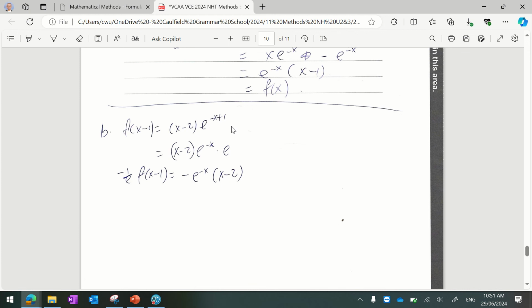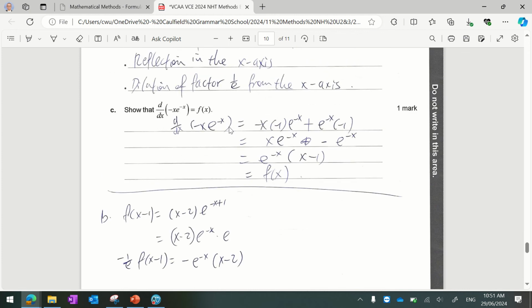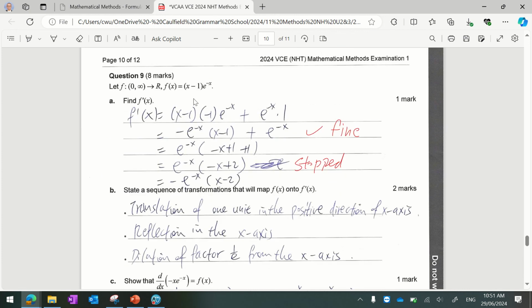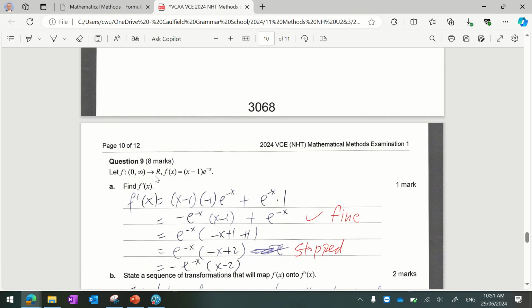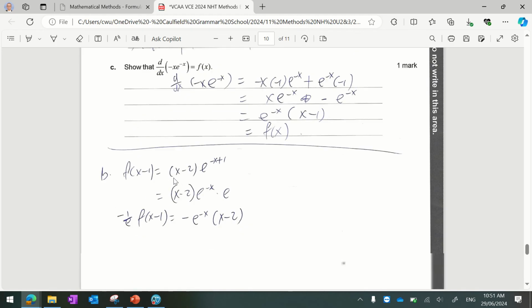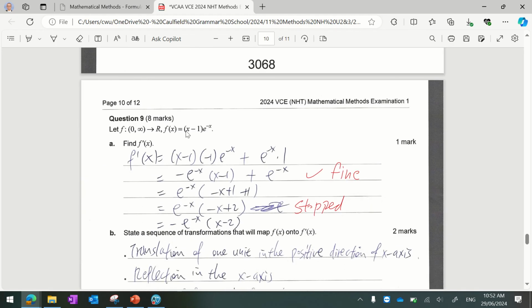The first thing I wanted was to make x minus 1 become x minus 2. That's what I did. If I sub x minus 1 into f, I get x minus 2, because it's x minus 1 minus 1.